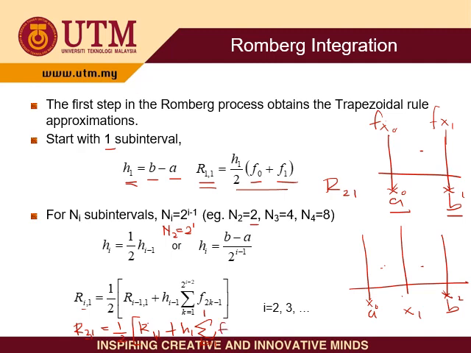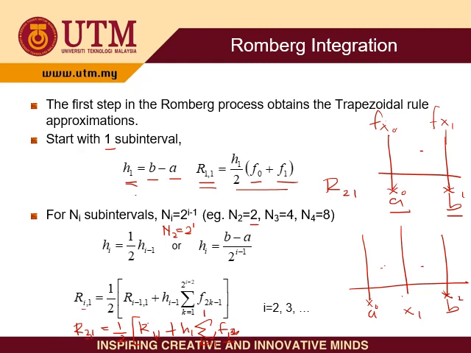So F of 2K minus 1, K is only 1, so F1, only F1, H1, F1. So for, let's say, R21, the formula is R11 plus H1, already calculated here, times F1.